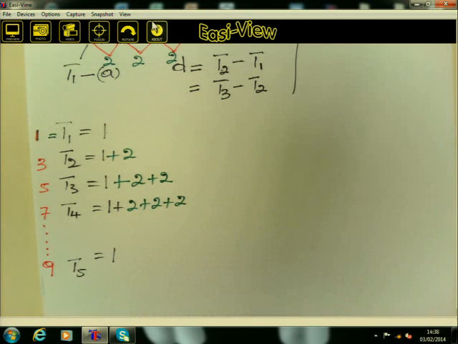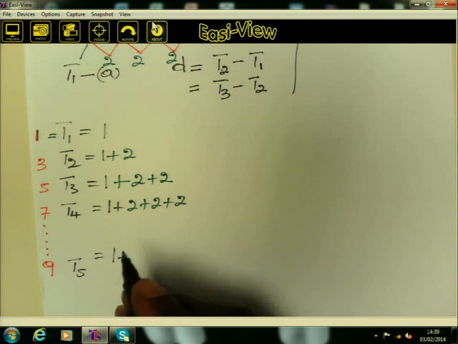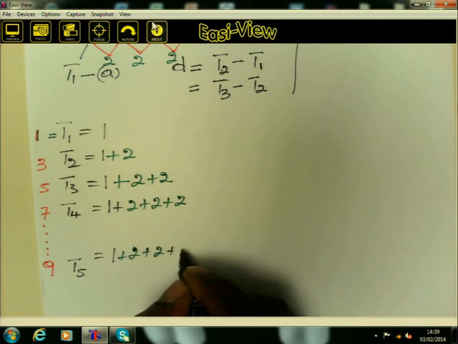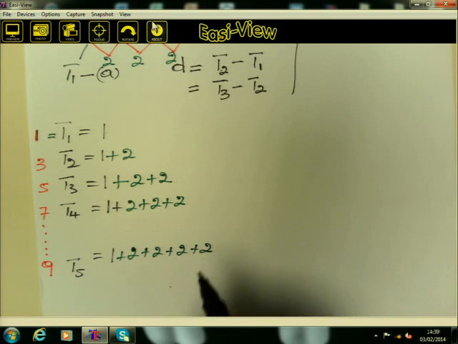It is 1, and then to that one we add how many differences now? We add this difference, that difference, that difference, that difference. It means we have 4 differences in term number 9. Now let's see.